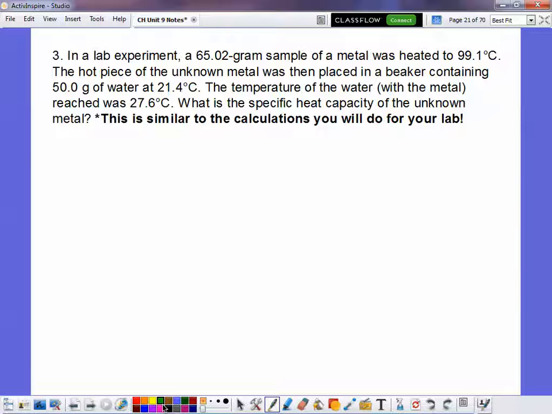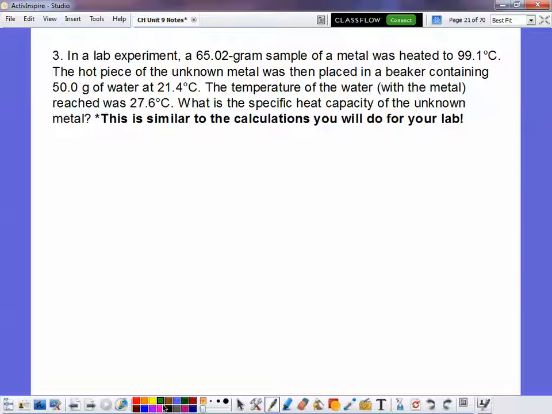We're going to take a sample of a metal, which you're not going to know what metal it is made of. You're going to find the mass of it. You're going to heat it to a certain temperature, and then you're going to transfer it to a coffee cup that's going to have, instead of a beaker, a specific amount of water at room temperature. You'll know the temperature of the water, you'll know the temperature of the metal, and you'll mix them together, and you'll see what temperature it raises to.